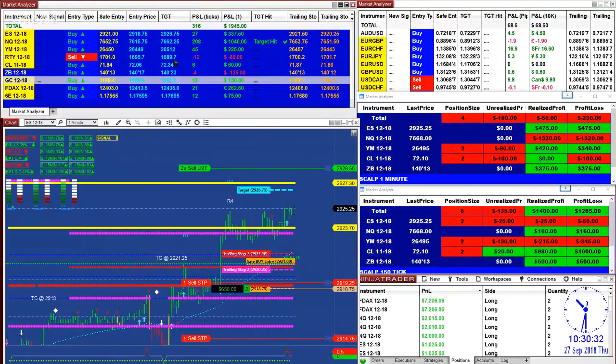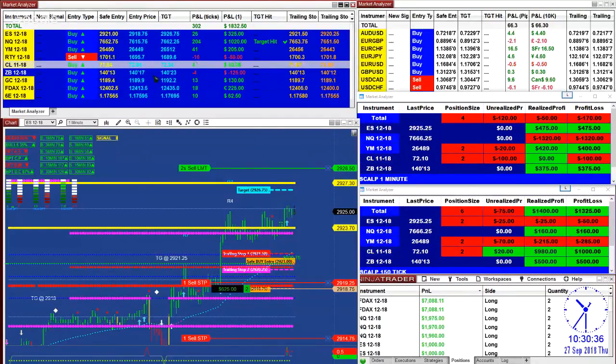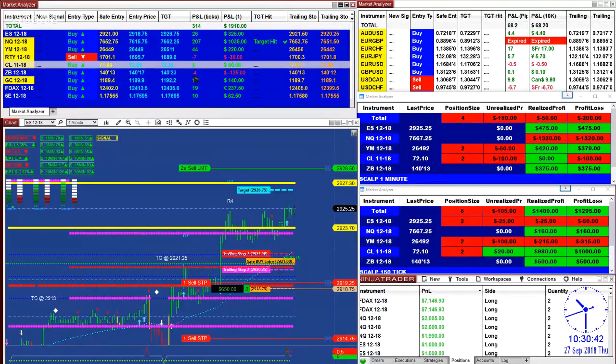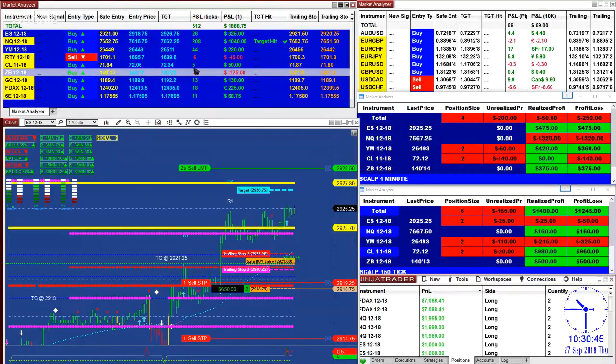So if you want to follow those trades, guys, follow them on a sim. On your CL, you are already up 5 ticks on the new entry, and now seven ticks on the latest entry on the CL.